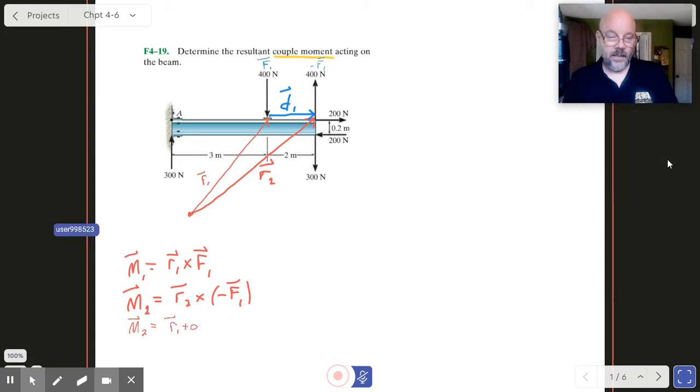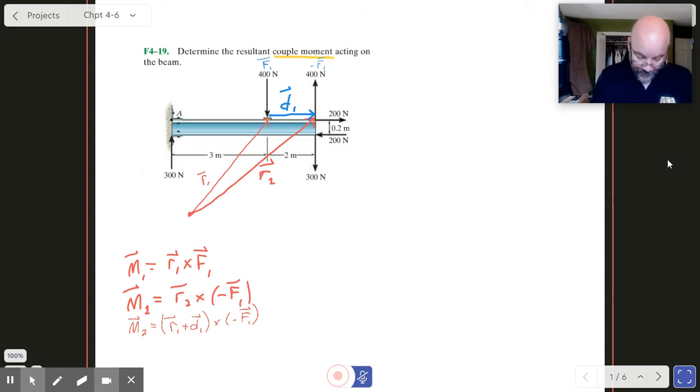Now we can do this just like distributing terms: we have something plus something, both of them times something. So M2 is going to be R1 crossed with minus F1 plus D1 crossed with minus F1.